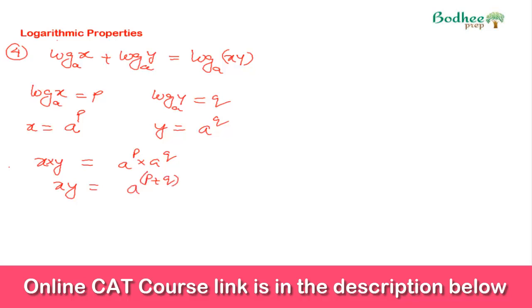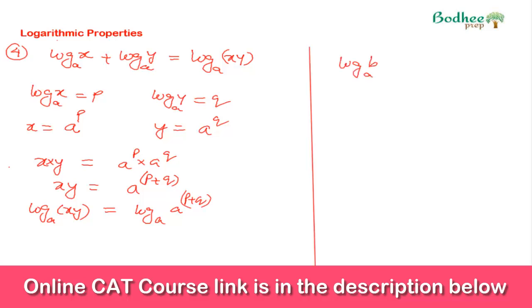Right, guys? Now let us take log on both sides. So with base a, we'll be applying log on both sides. So it will be log of xy with base a, and here also it will be log with base a of a to the power p plus q. Now from the previous property, that is log of b to the power m with base a is nothing but m into log of b with base a, we'll be applying the same logic here.